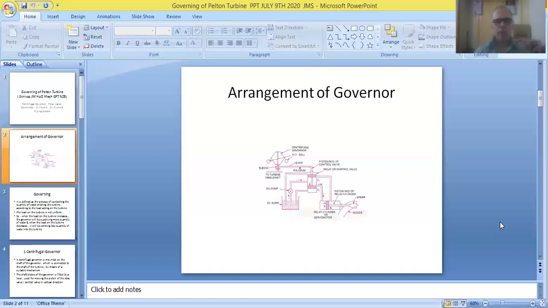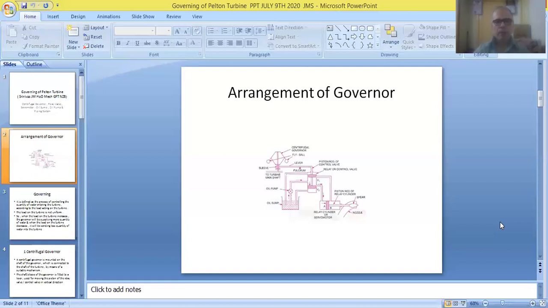Basically, this lever is used for operating the piston that is arranged inside the relay valve in up and down directions. So, friends, this is the main arrangement of the lever used for connecting the governor and the piston that is arranged inside the control valve.